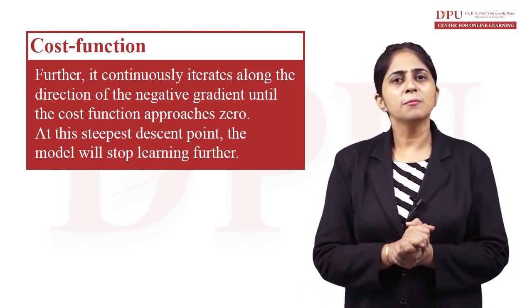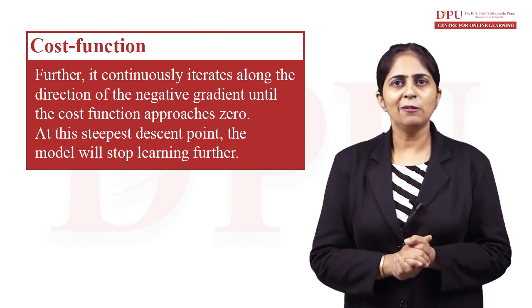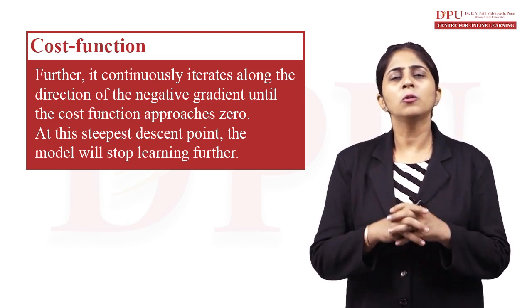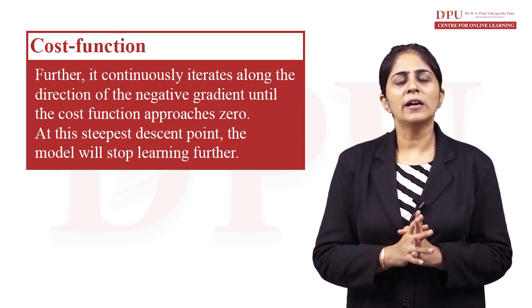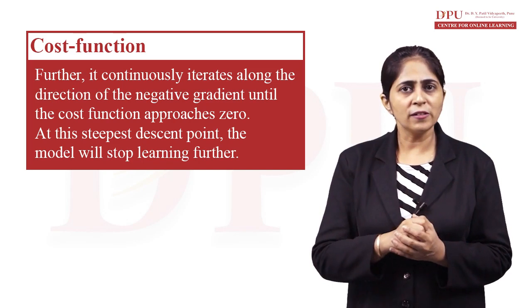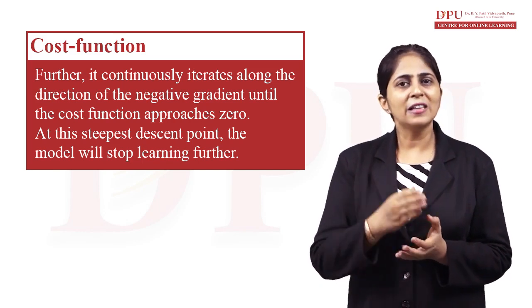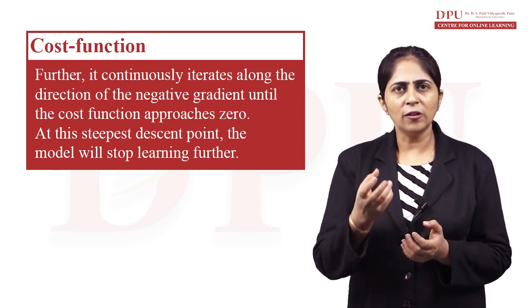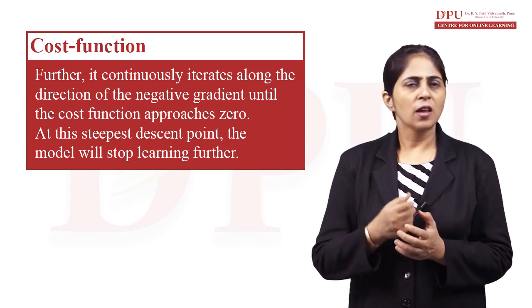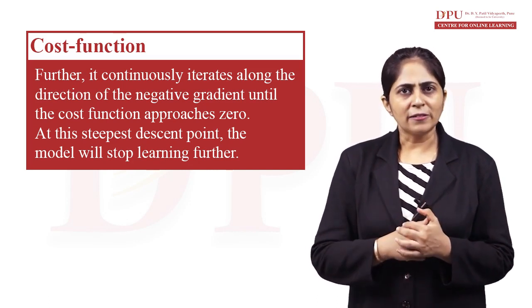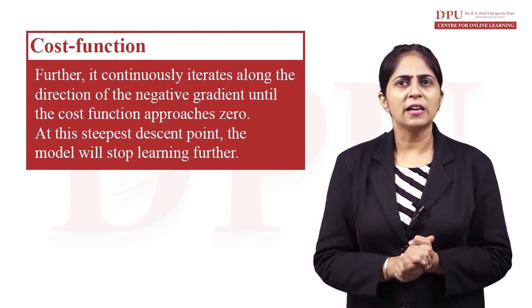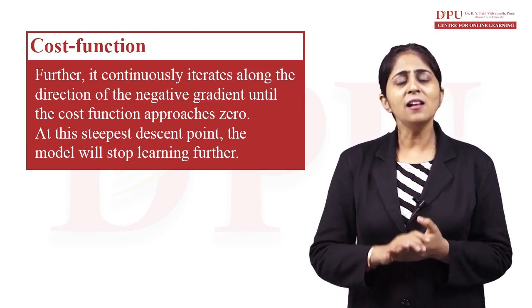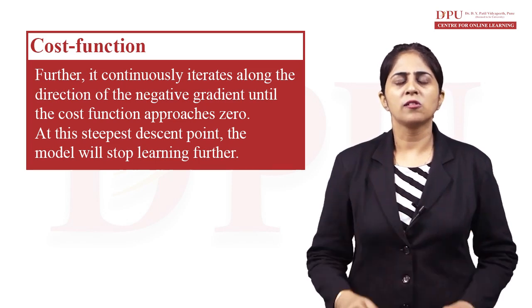When we are working on this machine learning algorithm, we definitely want it to work efficiently. So for that efficient functioning, we require that our cost function, which is the difference between the actual and the expected value, is minimized. Our function continuously iterates along the direction of the negative gradient until our cost function approaches 0.